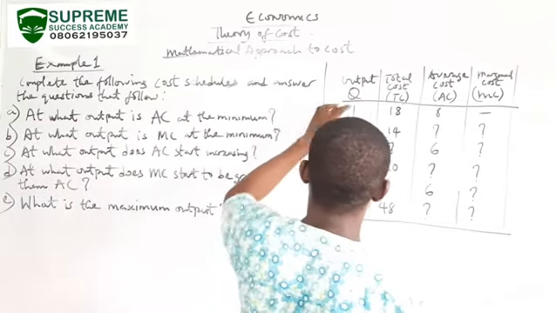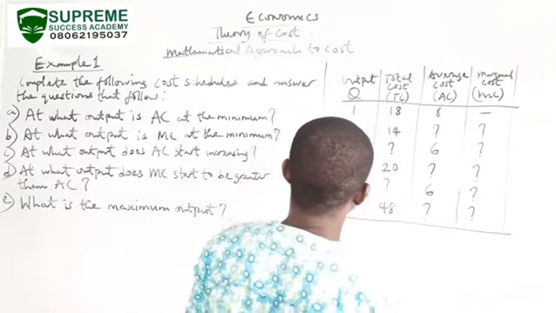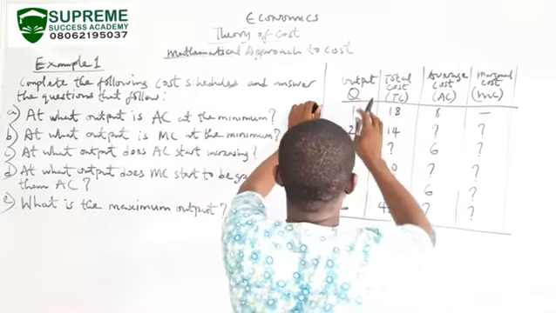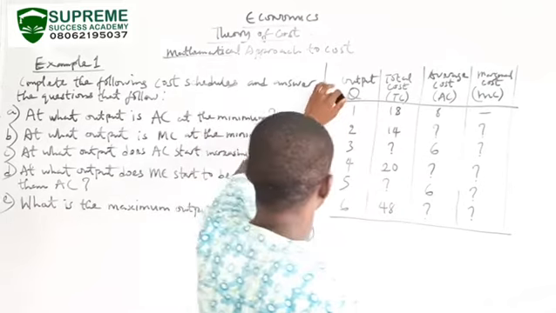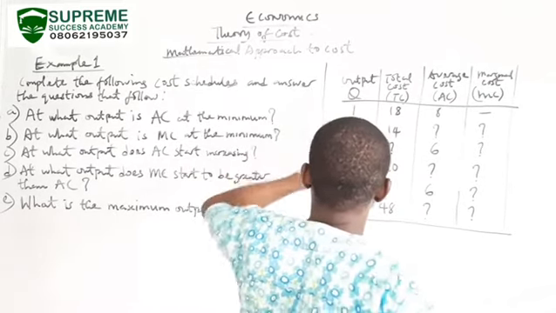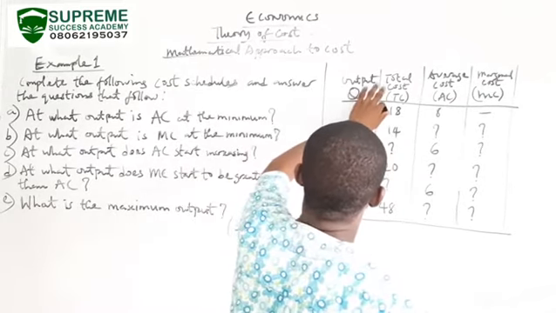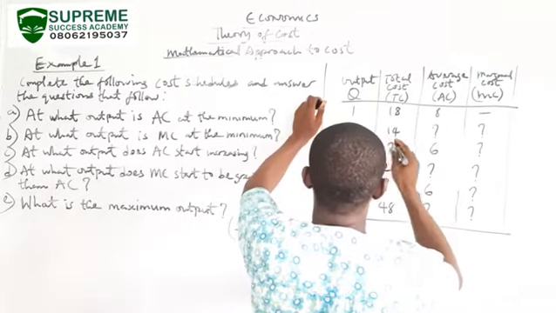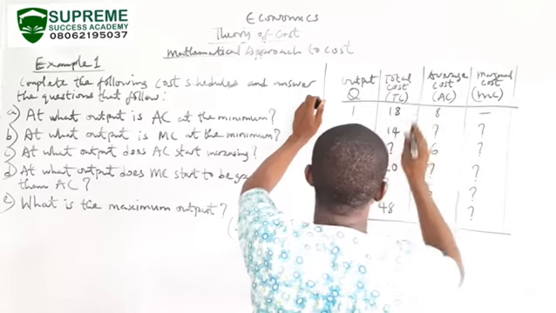So this particular table, we have been given output, everything from 1 to 6. We are also given total cost, though for output 3, we don't know the total cost.